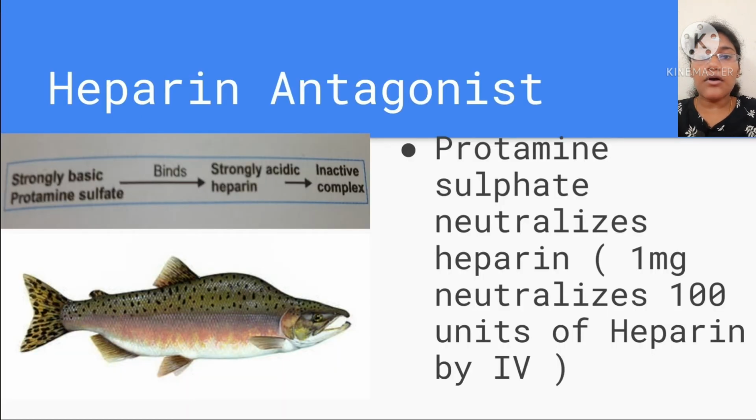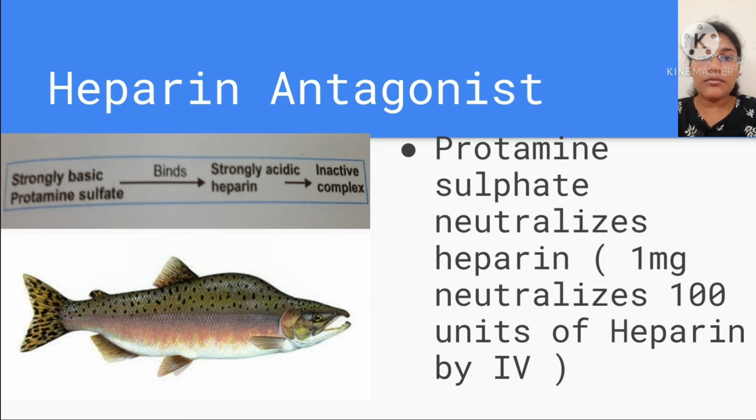Now let's see what a heparin antagonist is. The heparin antagonist is protamine sulfate, which is a protein extracted from the sperm of a fish, and protamine sulfate neutralizes heparin. Like 1 mg protamine sulfate given intravenously will neutralize 100 units of heparin. But we do not usually use protamine sulfate.